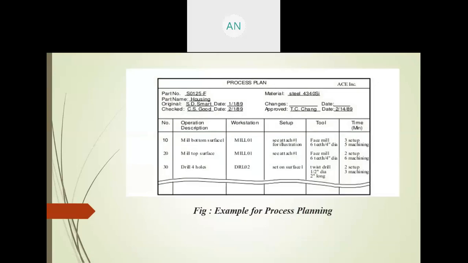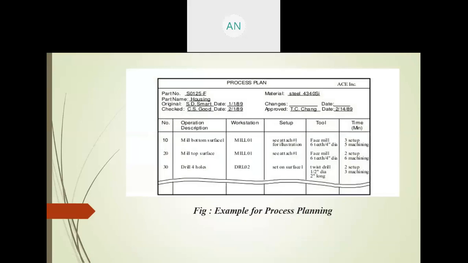This is a plan made by a company called SD Smart in the year 1989. It has plotted a plan for a housing component. The housing component can be used as a mating part for a shaft. In order to avoid any problem, the housing component can take the failure instead of the shaft, like we use an electricity fuse.